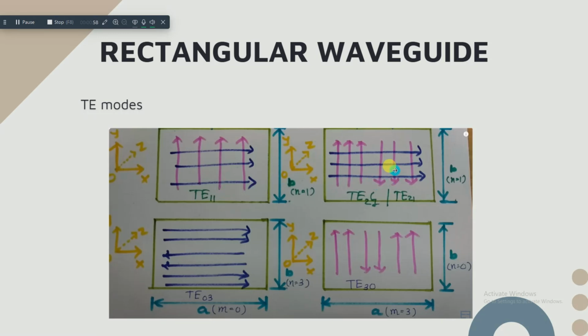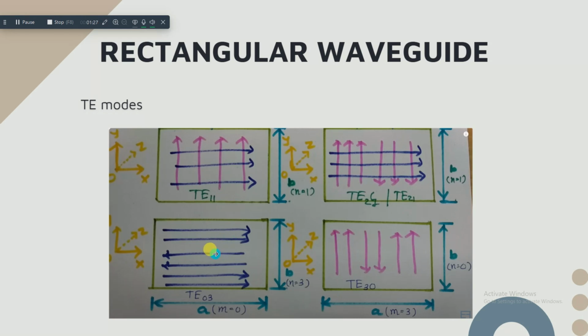Another one, we can see along the a axis there are 2 variations, so m equals 2, and along the b axis there is 1 variation, so n equals 1. So this one will be the TE21 mode.